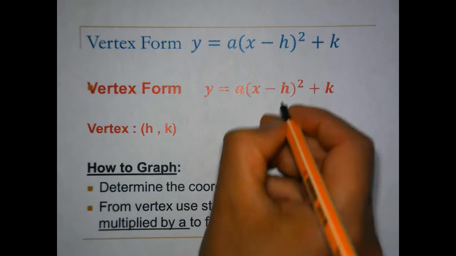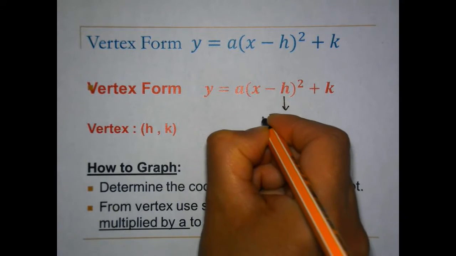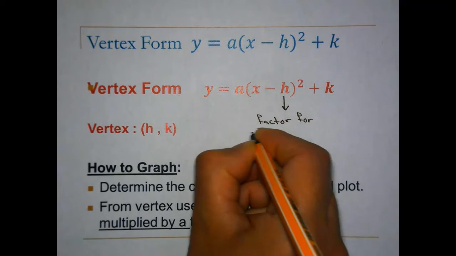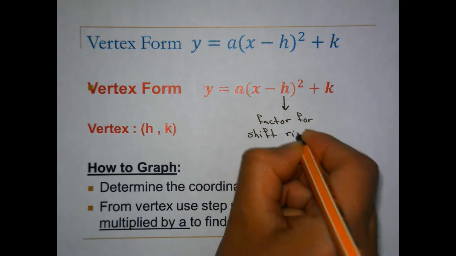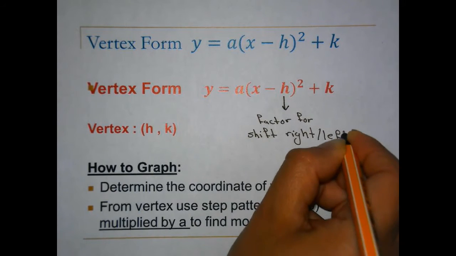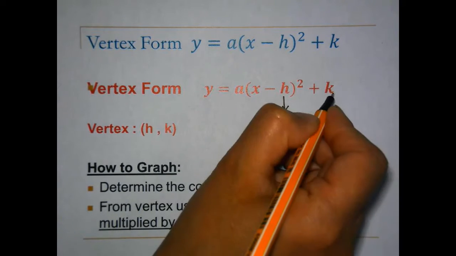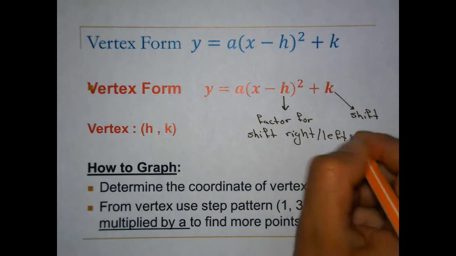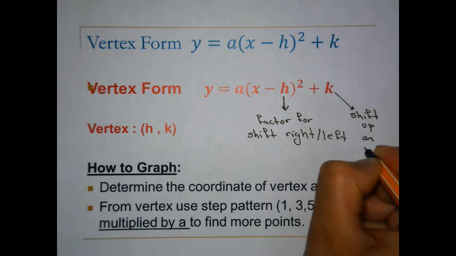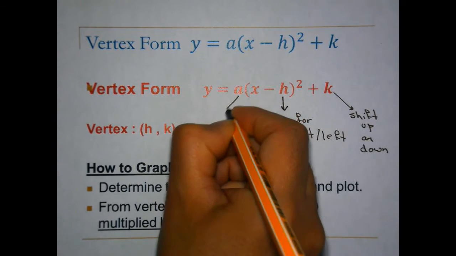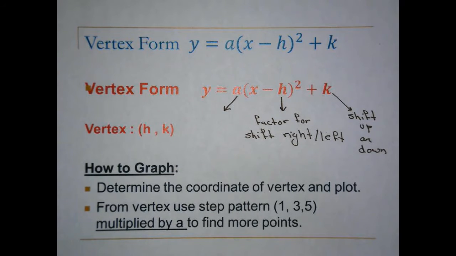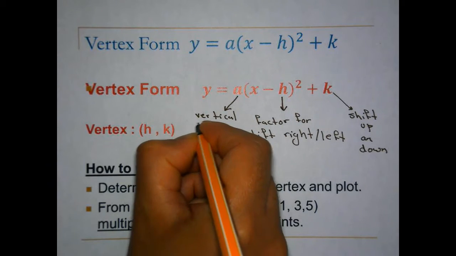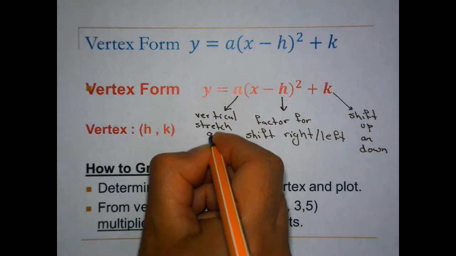If you remember, h is the factor for shift right or left, and k is the factor for shift up or down, and a was what we multiplied our step pattern with, and this is causing vertical stretch or compression.